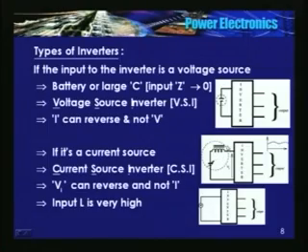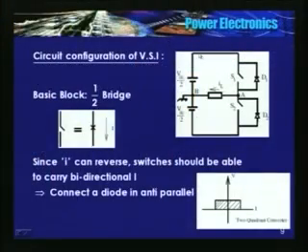The advantages of voltage source inverter over current source inverter, or the difference between them, we will discuss in detail after discussing the various topologies of VSI as well as CSI. Now we will discuss the various circuit configurations of a voltage source inverter, VSI. A half bridge configuration, half bridge is a basic building block.